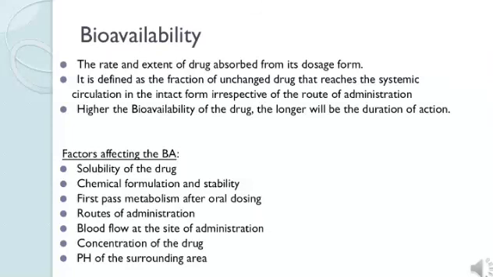We say it is bioavailability. Higher the bioavailability of the drug, longer will be the duration of action. So if the bioavailability is more, the duration of action is longer.